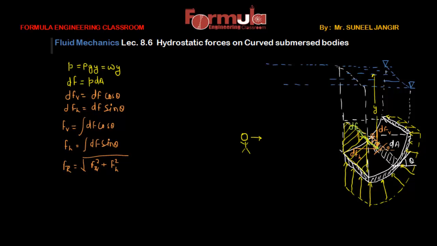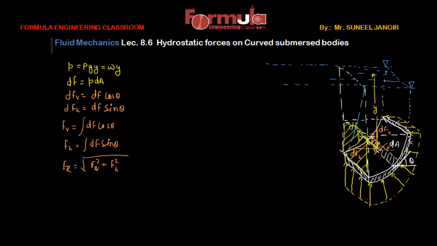Let me erase this one. I think the pressure variation over this projected area we can draw like that. Obviously the diagram is going to be congested here, but let's try to explain this one.